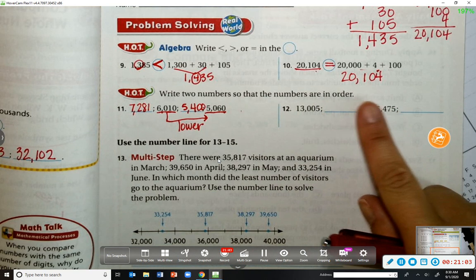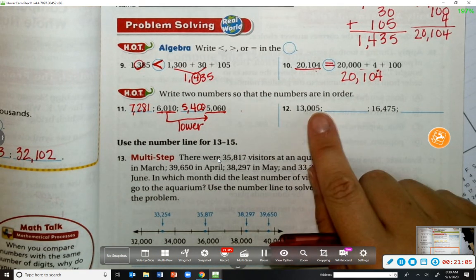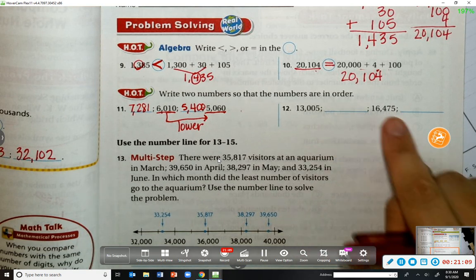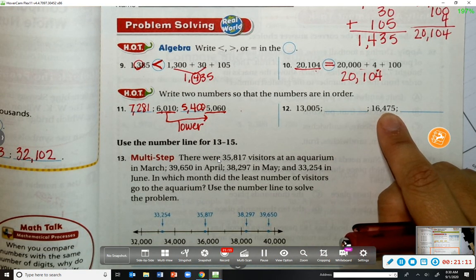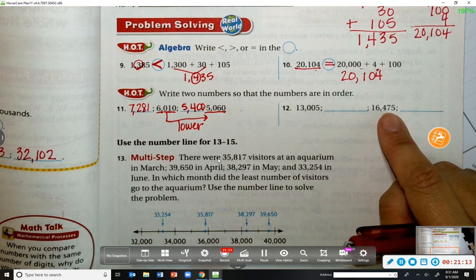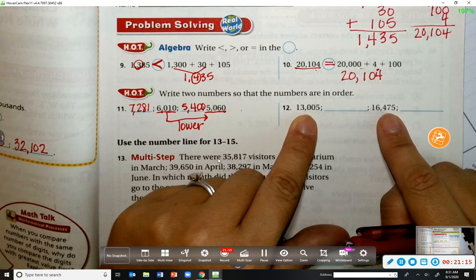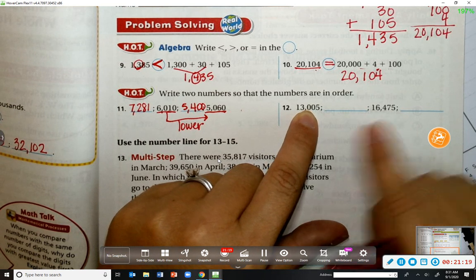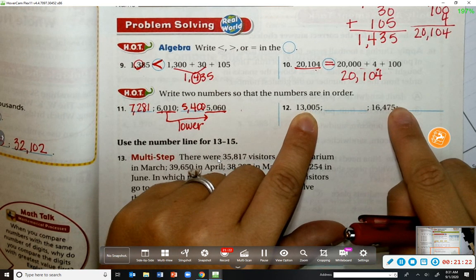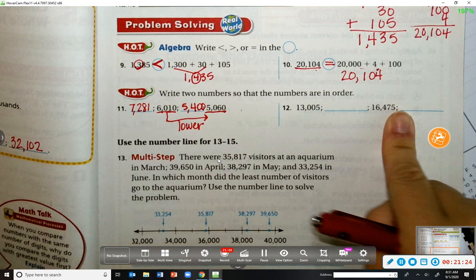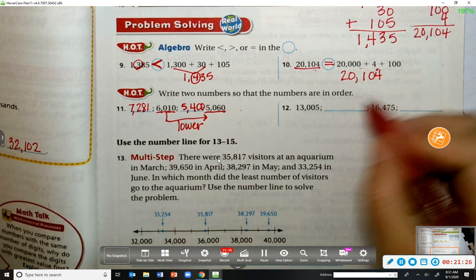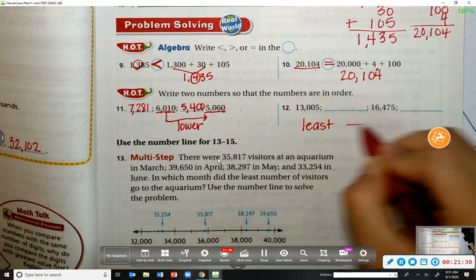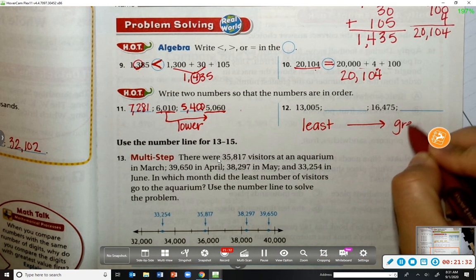Okay, last one, 13,005. They skipped a number, and then we have 16,475. So just by looking at these two numbers, you should be able to tell that 13,005 is getting bigger as we go to the right because 16,475 is greater. So the order is going least to greatest.